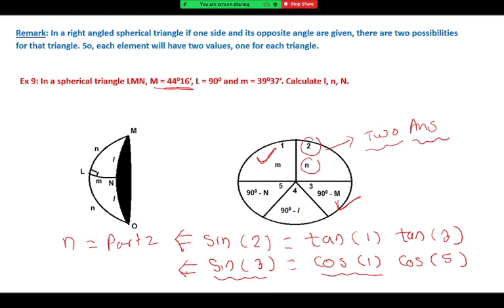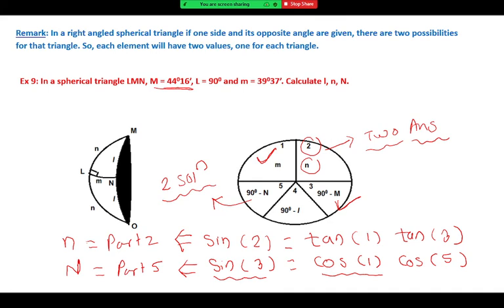Actually this will be used to compute capital N, this is part 5. And here also we get two solutions, so we got two answers for capital N. Is that clear? Yes, sir.